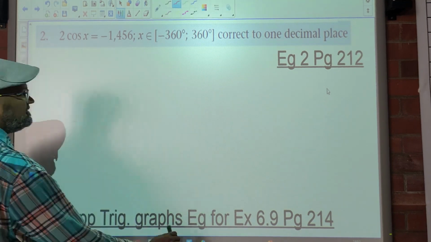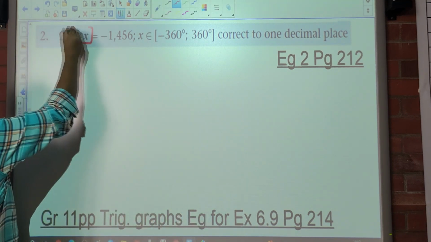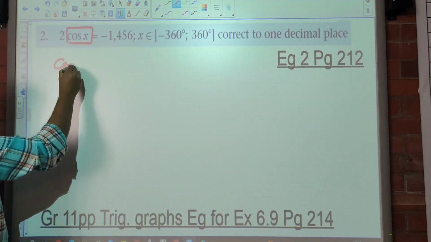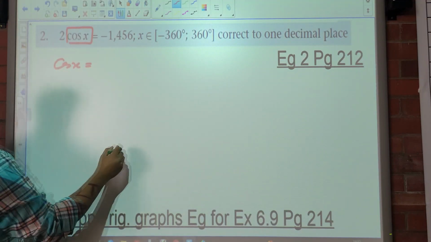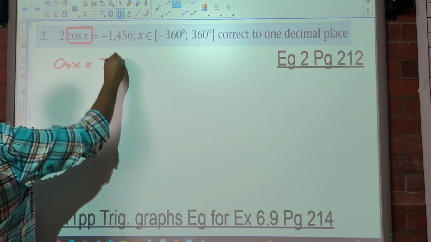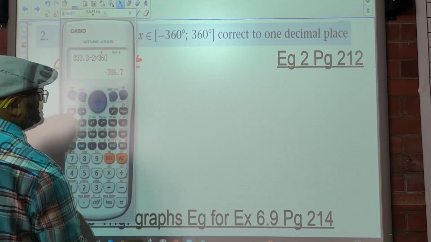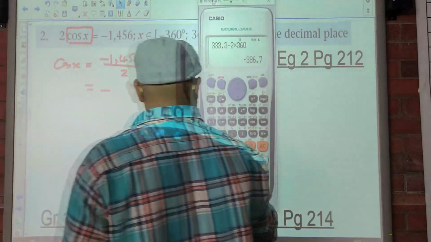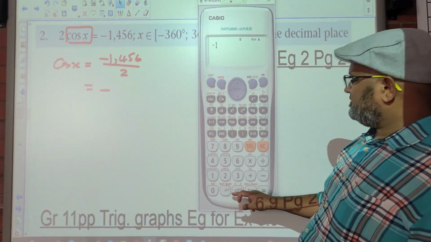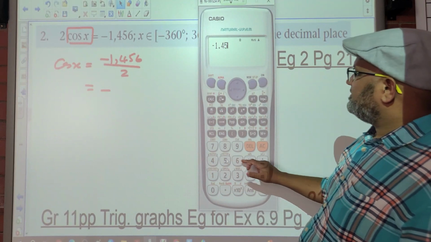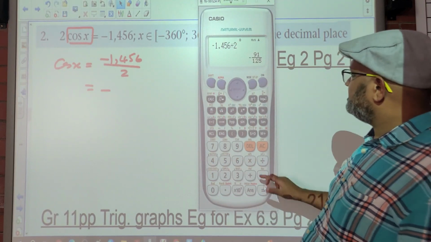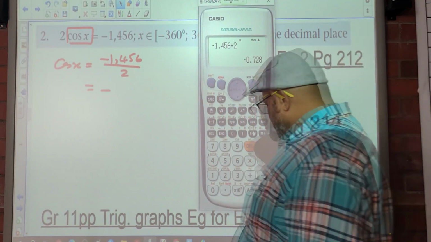So where do we start, people? We start by getting cos of x on its own. So cos of x is equal to negative 1,456 divided by 2. So it's going to be negative 0,728.